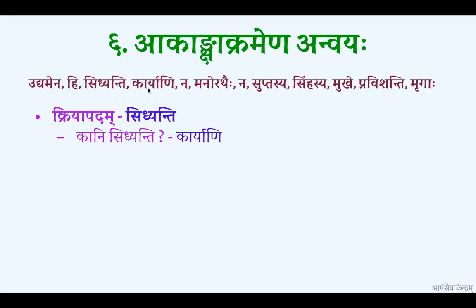So what is not achieved here? By asking the question, you will know whether it is prathama vibhakti or dvitiya vibhakti. And I think na and hi are there, so we should add them to the kriyapada. So karyani siddhyanti.